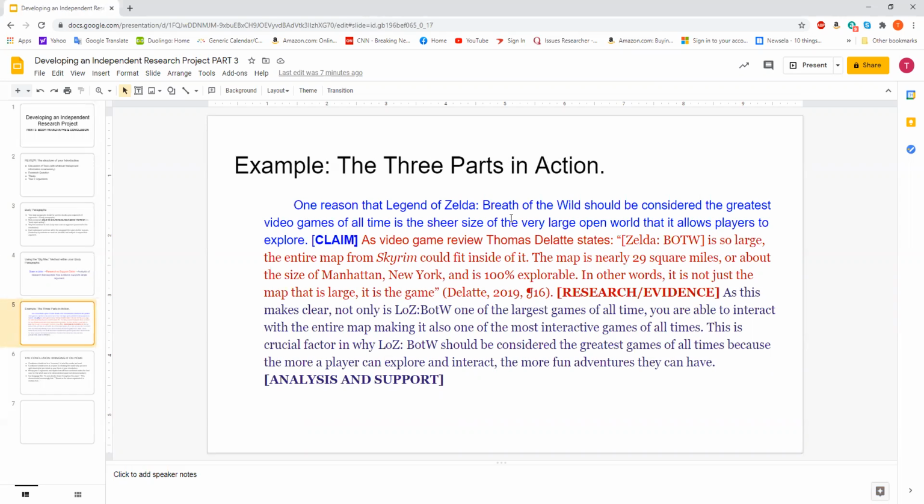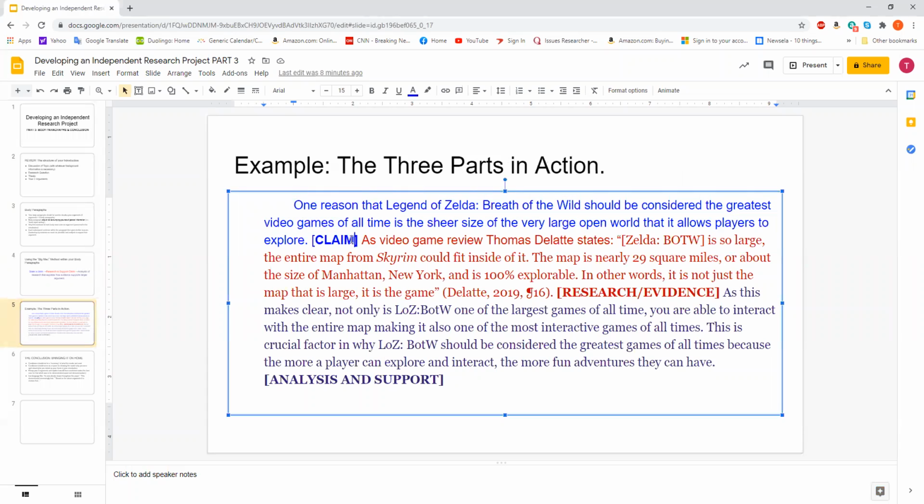I'll let you read this for yourself, but we have all 3 parts of this Big Mac method in action here. And the first one is the claim. Again, you can read this for yourself. I'm just using that little theoretical example of the Zelda video game just to illustrate how this Big Mac method works in practice.